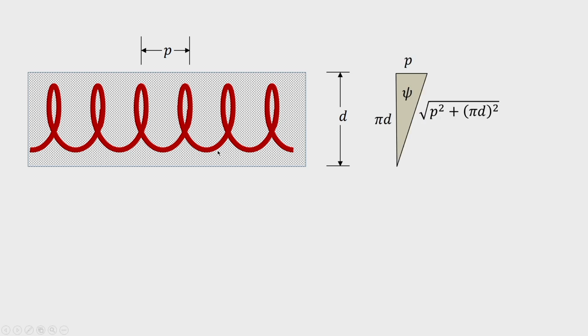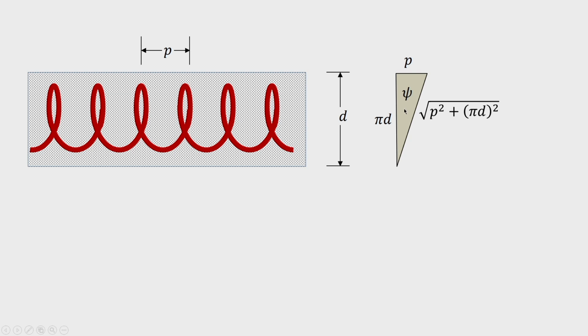We can see that pi d is the distance that is travelled from this end to this end, and p is the pitch.